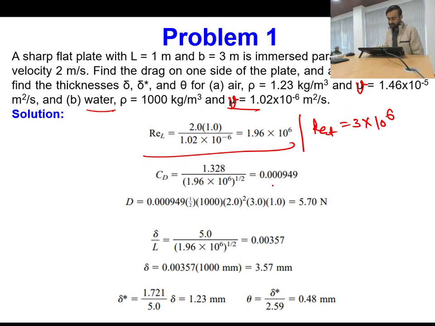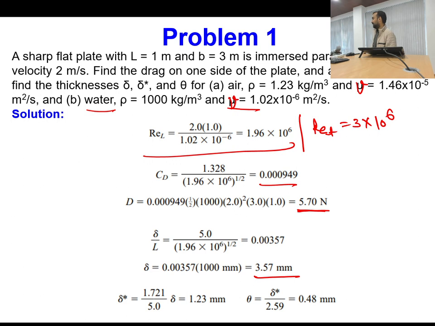So my CD is this, and this is the magnitude of the drag force now, 5.70 newtons. The boundary layer thickness is 3.57 mm. Is this point clear? Now the boundary layer thickness has become even thinner. For air, it was 13.7 mm, and for water it is only 3.5 mm.